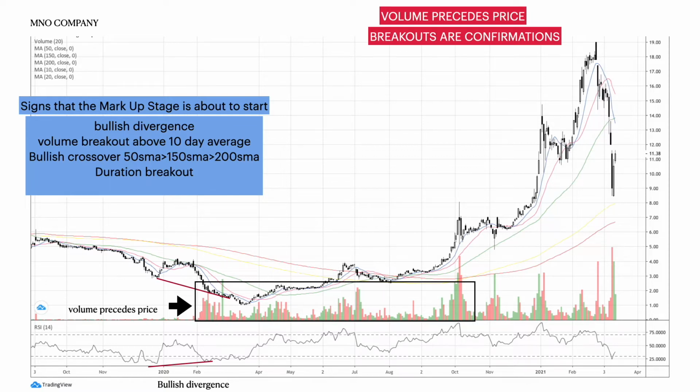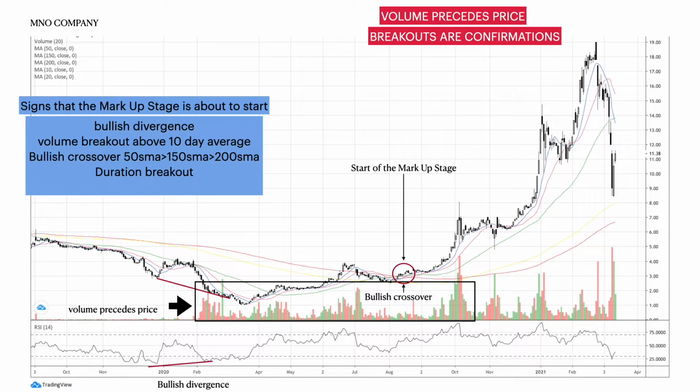There is a bullish crossover where the 50-period moving average is higher than the 150-period moving average and higher than the 200-period moving average, and price trends above 20 MA after the crossover. For confirmation, price breaks the 52-week high, multi-year high, or all-time high.